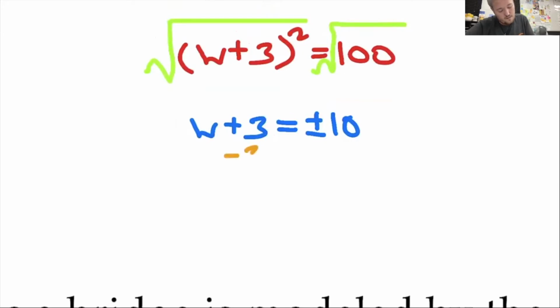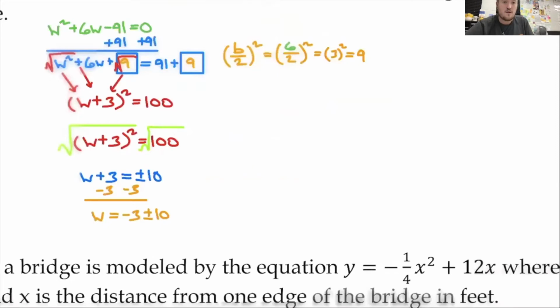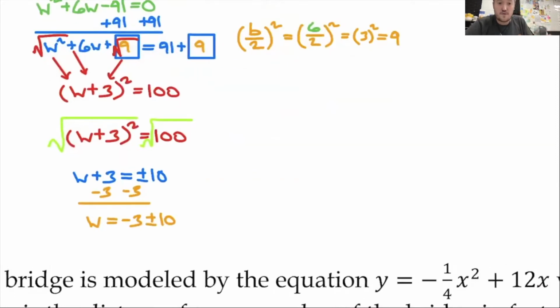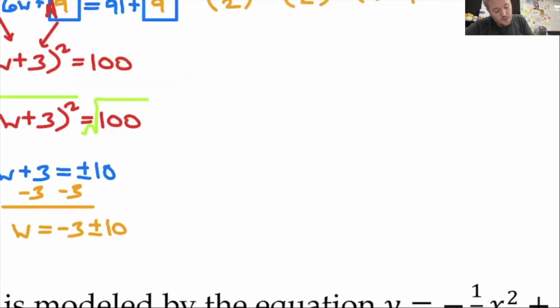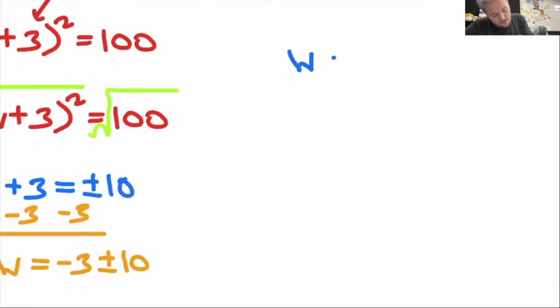So we're going to have W equals negative 3 plus or minus 10. Now I want to find both of those solutions, so I'm going to do both plus and minus. Negative 3 minus 10, but also negative 3 plus 10.